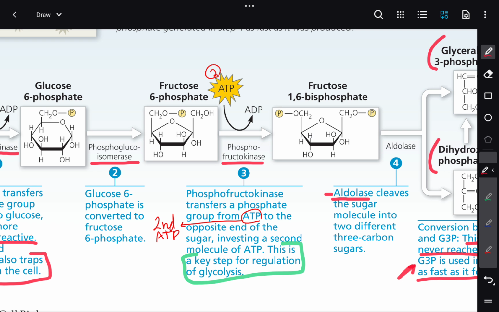Then the next step is important because it's the second and final time ATP is consumed. We grab a phosphate group from ATP, turning it into ADP, and that phosphate group will be attached to the fructose 6-phosphate. That means it will have 2 phosphate groups. It's an important step in the regulation of glycolysis.